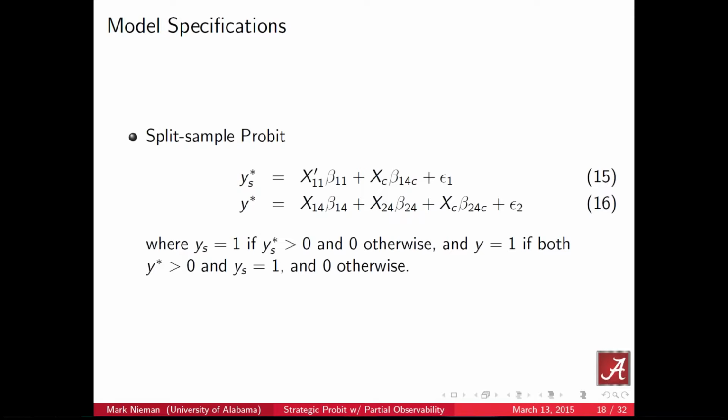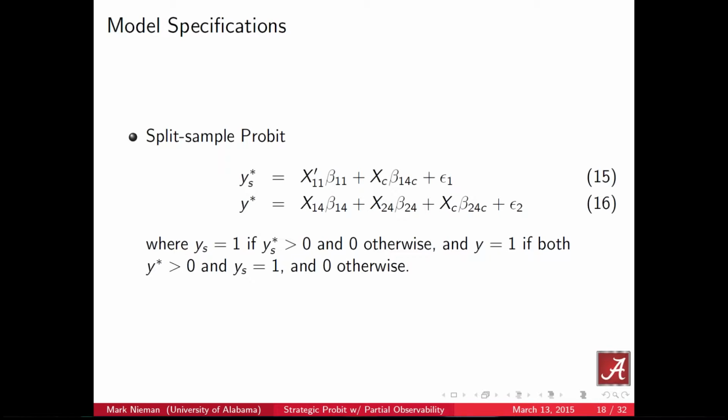The split sample model is specified as having a zero-inflated or selection equation of y star subscript s. This is going to be x prime, so that the beta will still be a positive number, that it will be 1. So we're taking the opposite of x in this case. And to give it a better chance of holding up against the strategic probit, I include the common regressor in each equation, both the selection equation, y star subscript s, and the y star outcome equation, which includes all of the y4 or war outcome regressors.